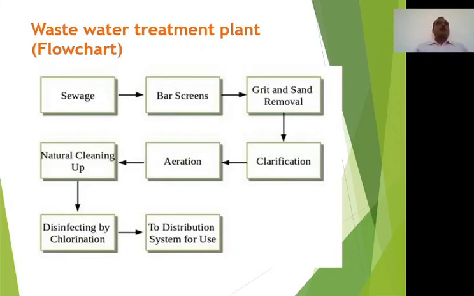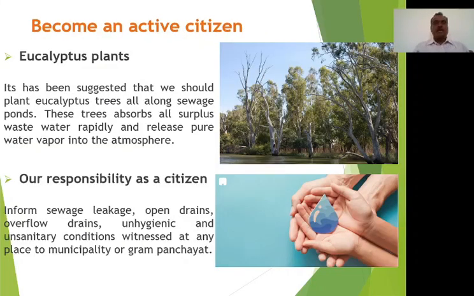Okay, students, we will discuss what we should do as an active citizen. It has been suggested that we should plant eucalyptus trees all along sewage ponds. These trees absorb surplus wastewater rapidly and release fewer water vapors into the atmosphere.